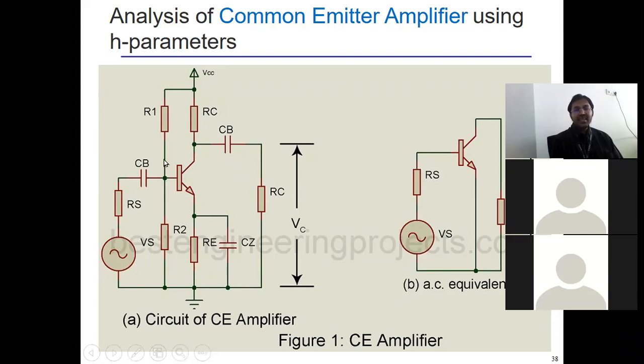Next, you will have R1. R1 is going from this point to VCC, but VCC is grounded, so R1 will come from here to ground. Likewise, R2 is from here to ground.